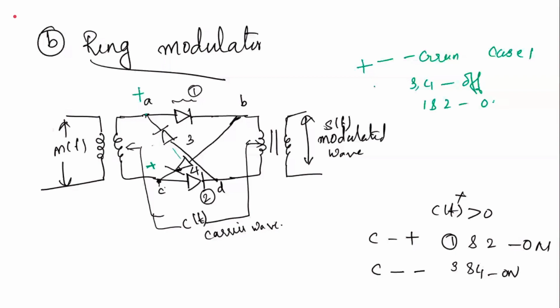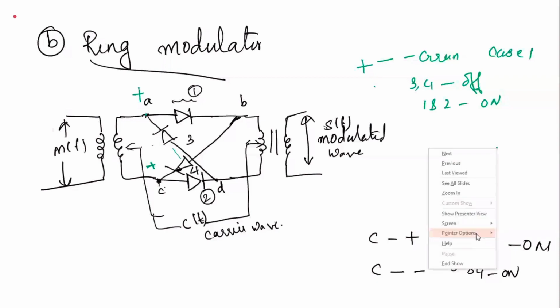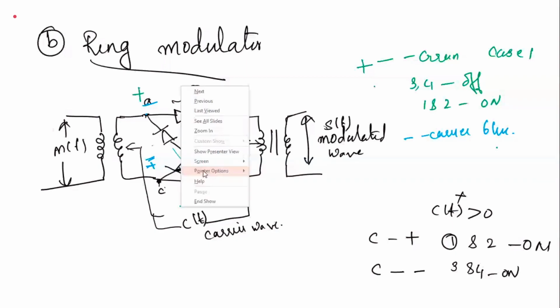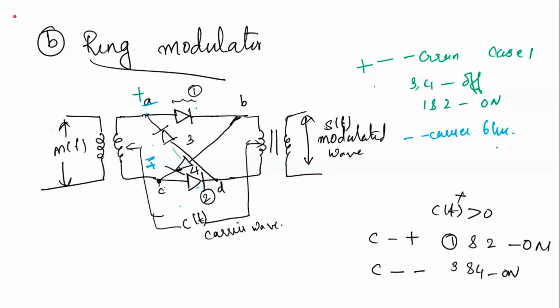And next, when the carrier is negative, blue, what happens? Diodes 3 and 4 are on and 1 and 2 are off.